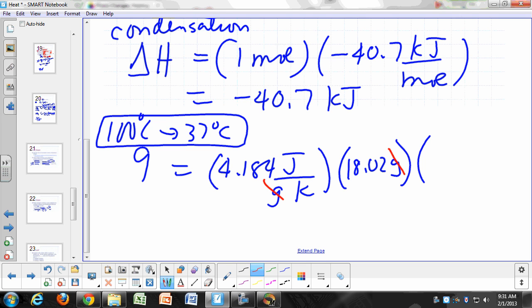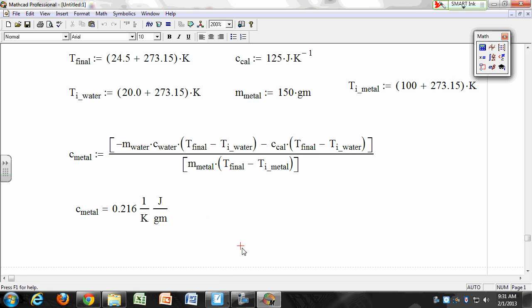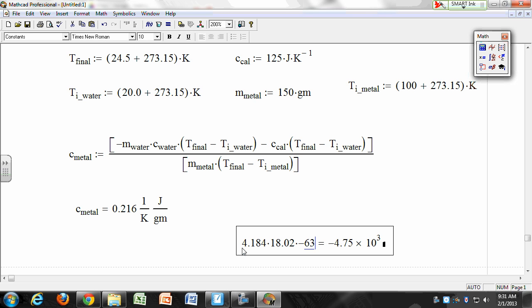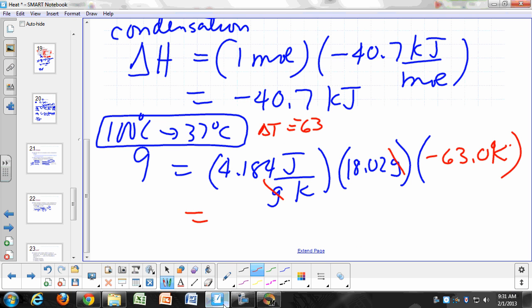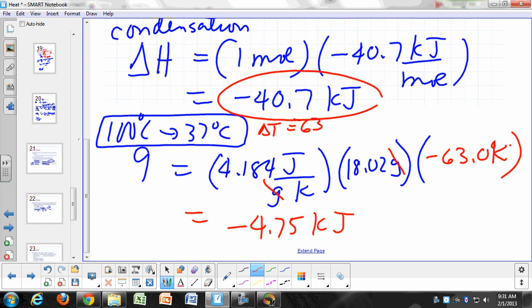What's our temperature change? 37 minus 100, delta T is negative 63 degrees, 63 Kelvin. So 4.184 times 18.02 times negative 63 equals negative 4.75 kilojoules. Okay, times 10 to the third. So that's negative 4.75 kilojoules.